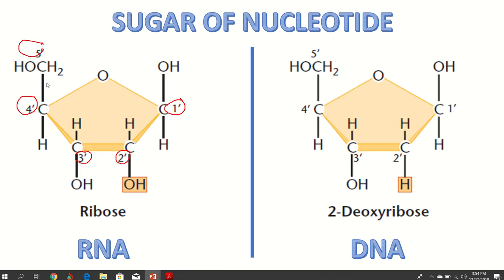The carbon atom in the sugar has been named from 1 to 5. The topmost carbon atom here is number 5 and the most bottom carbon atom is 3, neglecting the number 2, because the topmost is the 5 and the most bottom is the 3. So that is why it is called 5 to 3 strand.